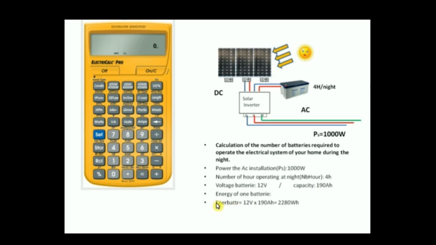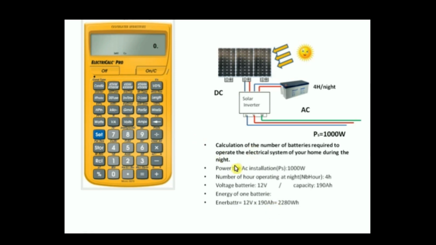The energy of the battery is equal to the battery voltage, which is 12 volts, multiplied by the capacity, which is 190 ampere hours. Now we're going to start the calculation on the Electrical Pro.